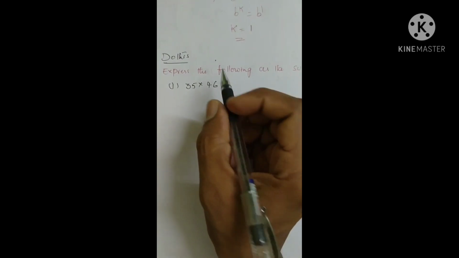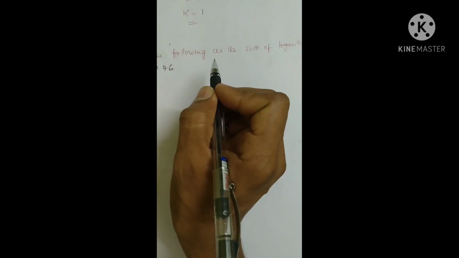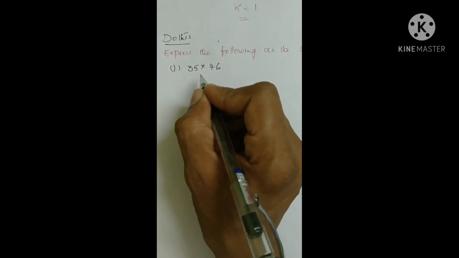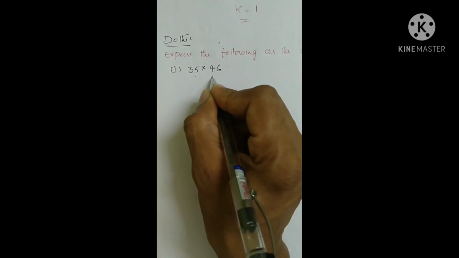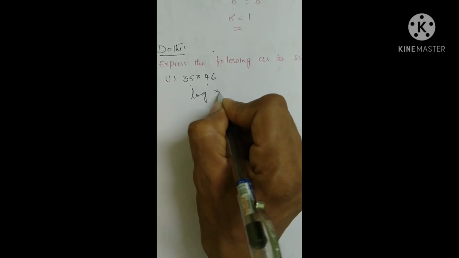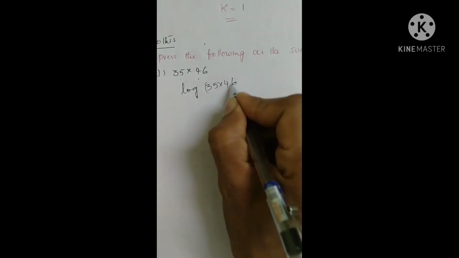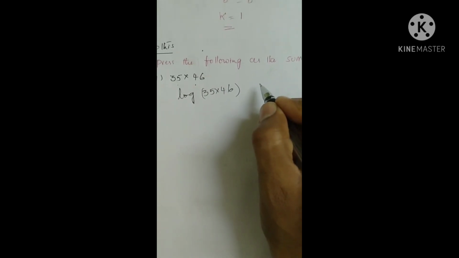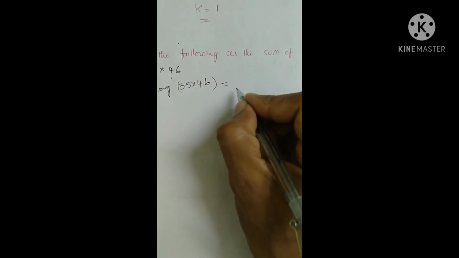Next one, do this. Express the following as the sum of logarithm. So this is our first question from do this. 35 into 46. So take log 35 into 46. So this is of the form log x into y. Result is log x plus log y.